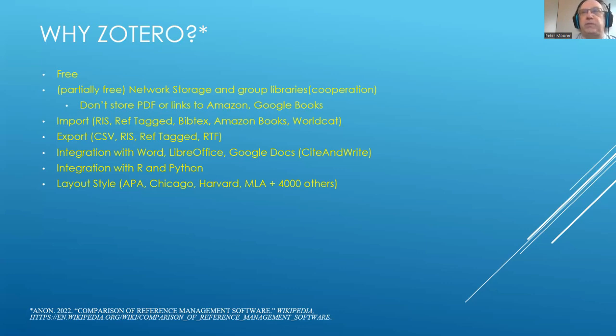Zotero is predominantly used in scientific research. So then you have to adhere to one of the styles that they use. And I think that the American Philatelist uses Harvard as its style of reference. So when you are writing an article, you can use Zotero to have the style that you want for that journal.